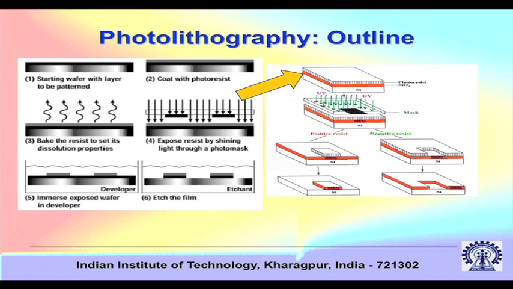So you can see here this is the structure that you eventually get. The part of the SiO2 film which is exposed to the etchant is gone, and only the part which is not exposed to the etchant will remain. So you can see a groove-like structure has been formed on the silicon substrate.